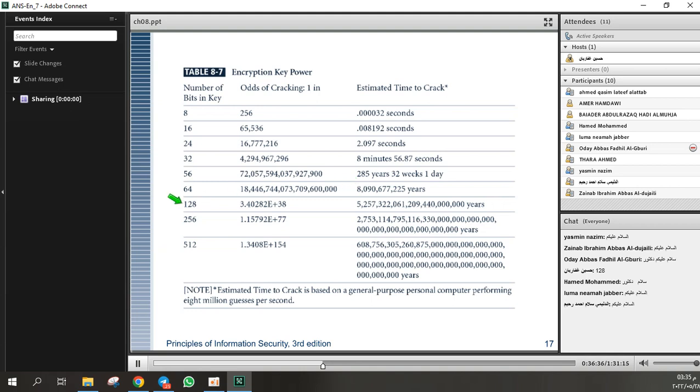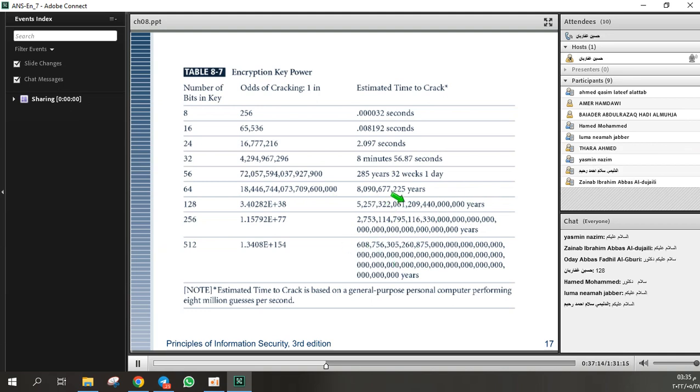For 128-bit keys, I need lots of time. For 256, for 512-bit length, you know. After the 64-bit length, if my keys have length of 128 or more bits, look at this one here.